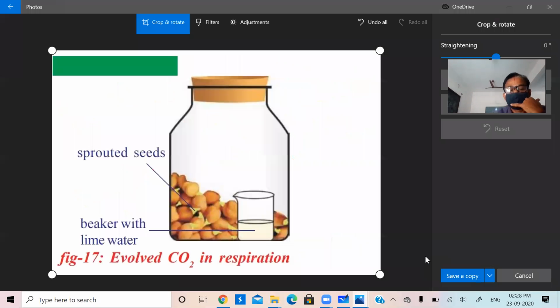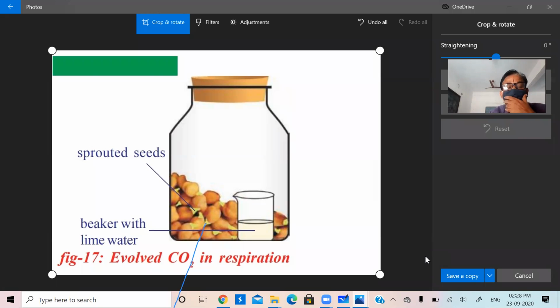So here this lime water is converted to milky white because it is getting carbon dioxide. The soaked seeds are there.